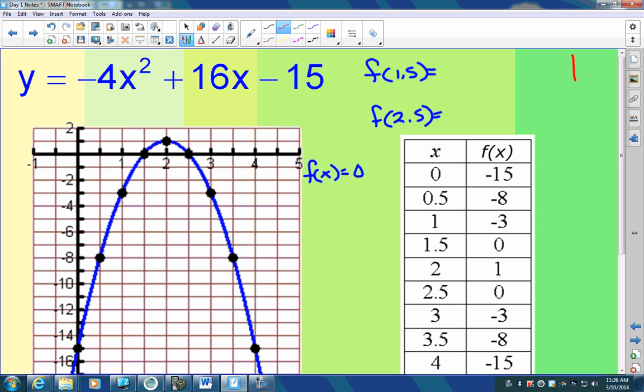I'm looking to see where my x is 1.5. So right here, f of 1.5 is 0. That's where my y number is 0. F of 2.5 is 0. Then it says, what about when f of x equals 0? They want to know what your x numbers are, which is 1.5 and 2.5.